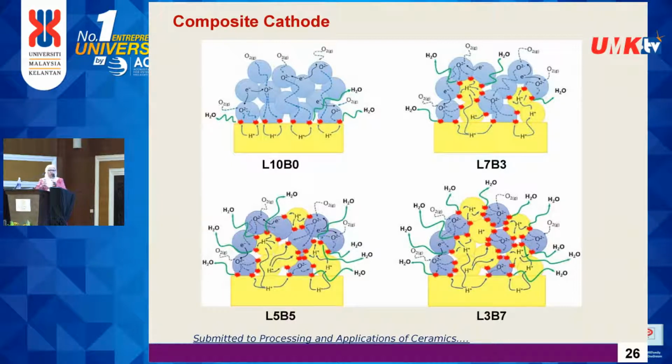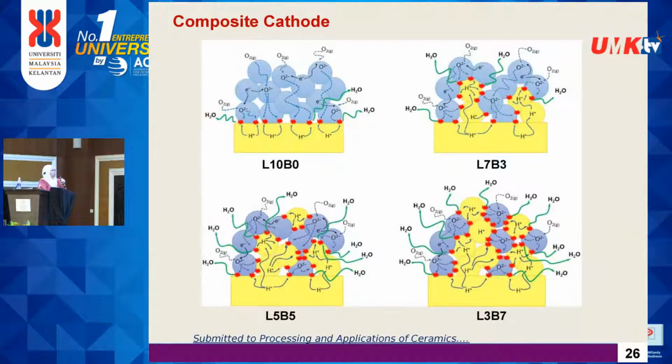Why? Because if we use more proton conducting phase in the cathode composite, the amount of water formed is much higher, and that will lower the performance of the cell.